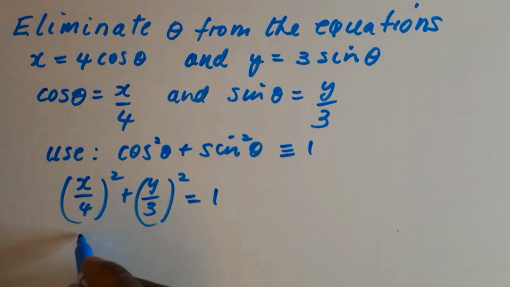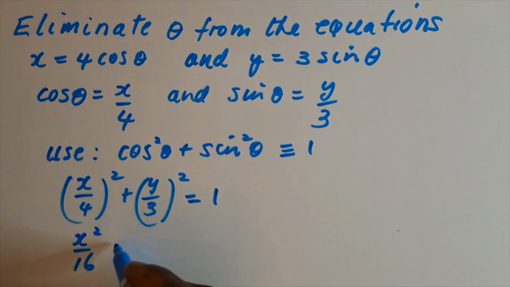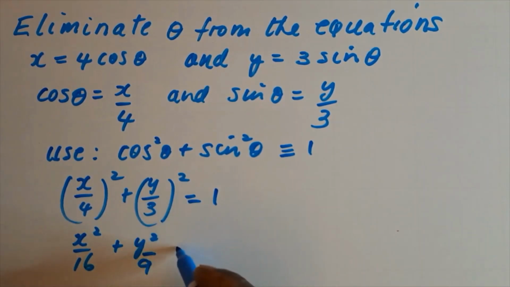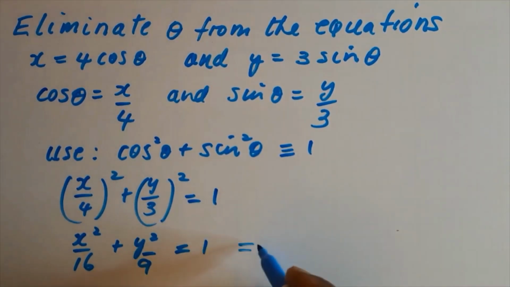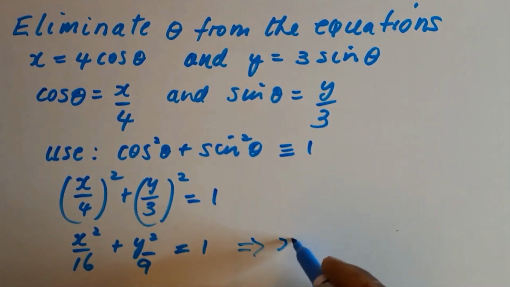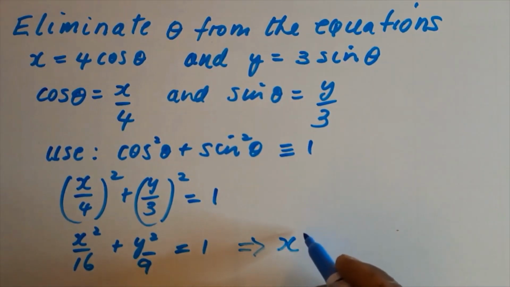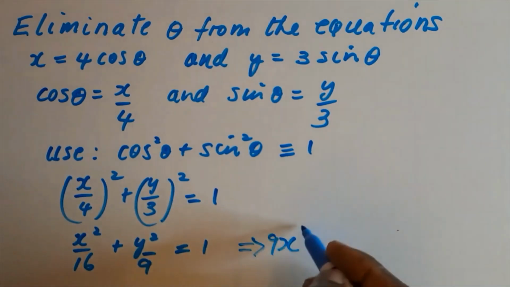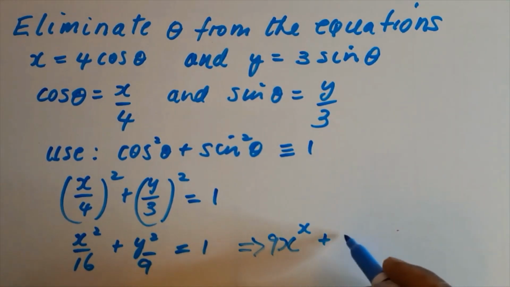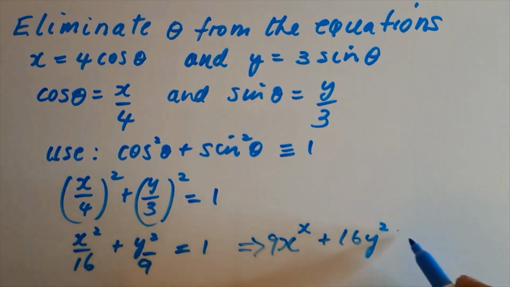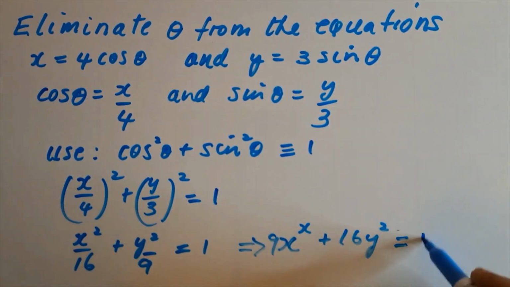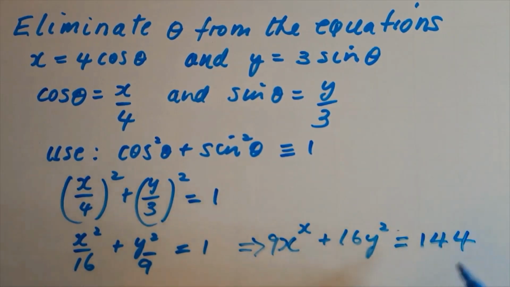Now this will give us x squared over 16 and y squared over 9 is equal to 1, which implies that we can write 9x squared and 16y squared is equal to 144.